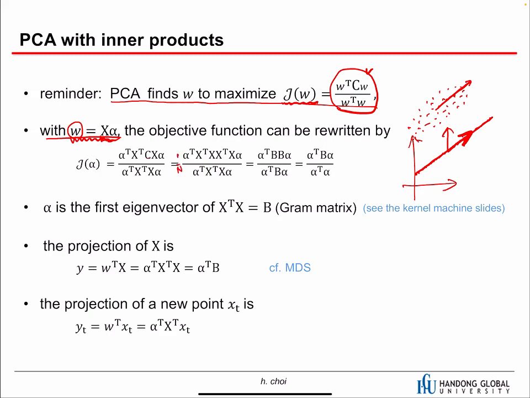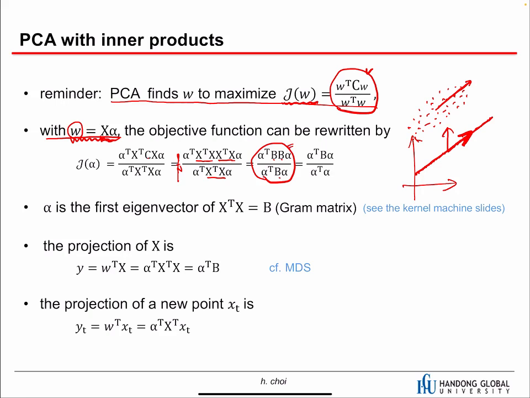Yes, there is 1 over n, but this is not important, it's just a constant, so we just cancel it. And if we look at this equation in a different way, then we have two inner products here and one inner product here. So instead of C, now we have two B's and one B. So this one is our new objective function, and this one is the eigenvector.